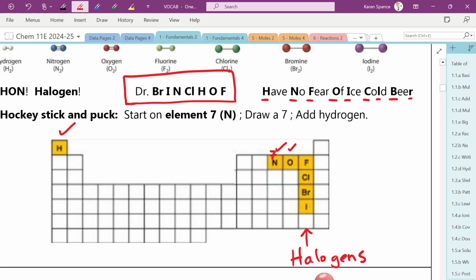So if you draw a 7, starting on element number 7, you have the hockey stick and then you just draw the puck. Yeah? So if you're like, where does that hockey stick go? Start on 7, draw a 7, and then add the puck. So you have a choice of ways to remember the diatomic elements. All right?